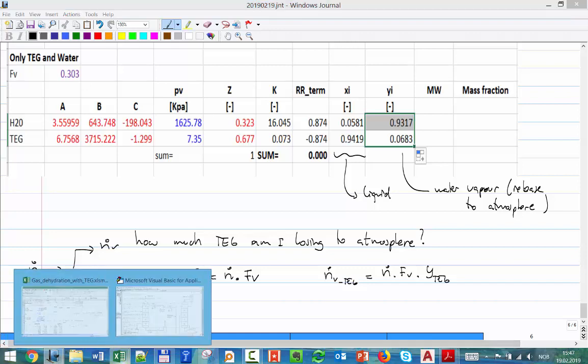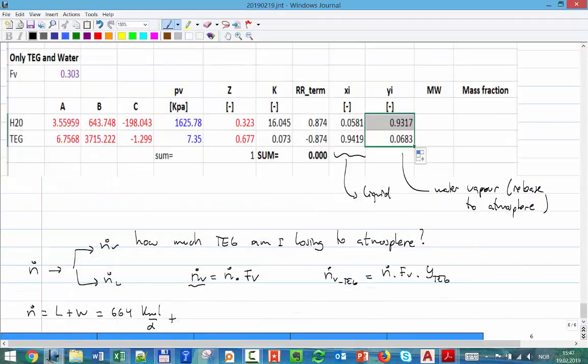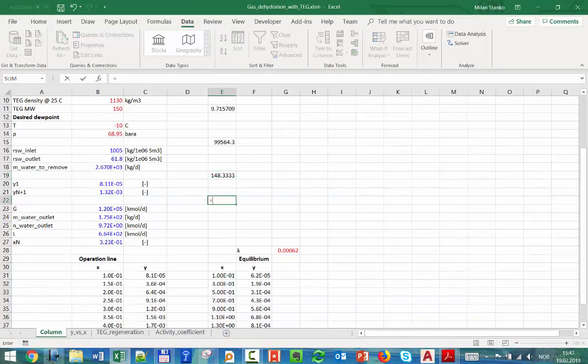I think we did that here. The water that I'm extracting is this number, 148. How much is that in total, the number of moles I'm producing with my column? It's 812.